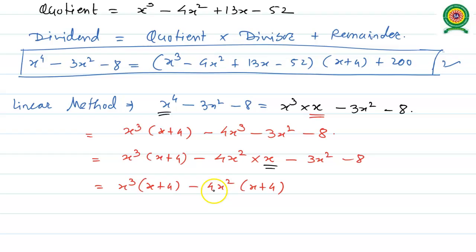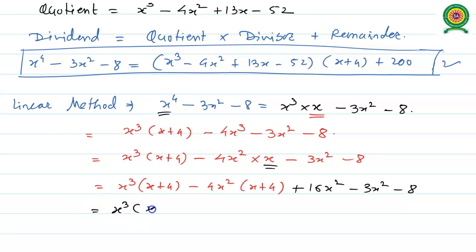Once we distribute this minus 4x square over the bracket, we have minus 4x square into x as minus 4x cube, and minus 4x square into 4, we have minus 16x square. So to cancel out minus 16x square, we make positive 16x square, minus 3x square, minus 8 as it is.